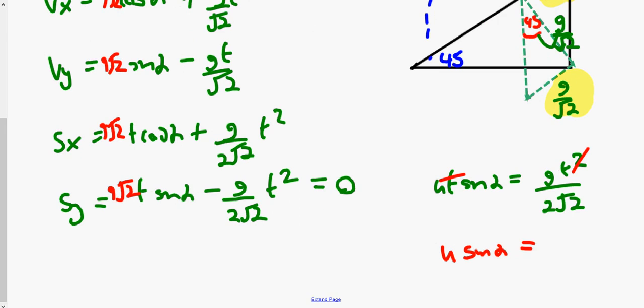So yeah, we just go back a step here actually, and we can say that this is once again sy equals 0, and we can say that that's 9 root 2 t sine alpha. Just sub in all the 3's, and here's what you get.